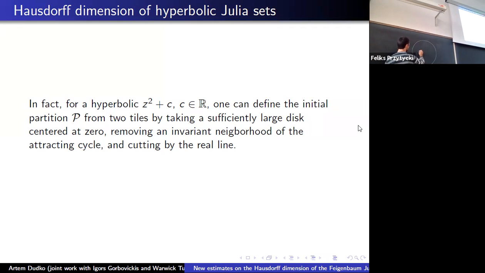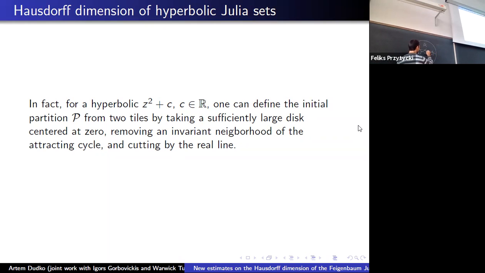Say we have an attracting point of period 3. We take a disk, remove an invariant neighborhood, say some union of disks, and this will be our initial partition. Somewhere here we have the Julia set.